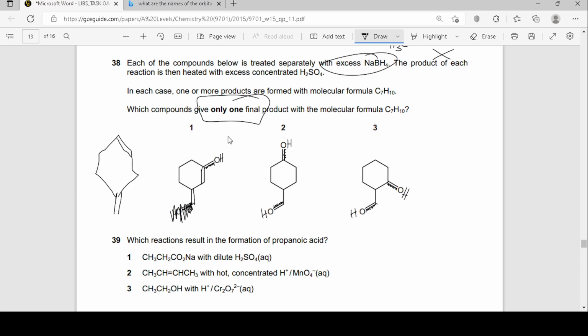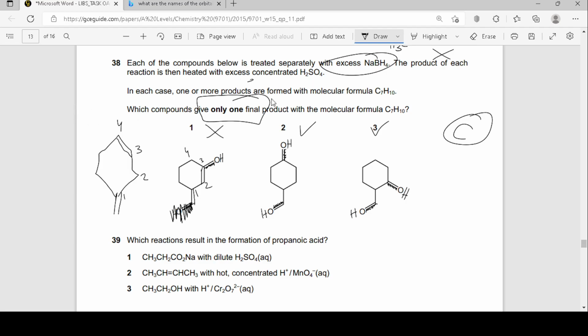They want only one final product, so this is immediately out. If you count from here, 1, 2, 3, 4, the double bond is between 3 and 4, but over here I have 1, 2, 3, 4, so the double bond is between 2 and 3. That means it's not one final product, so my answer is immediately C. But wait, am I reading the question right?